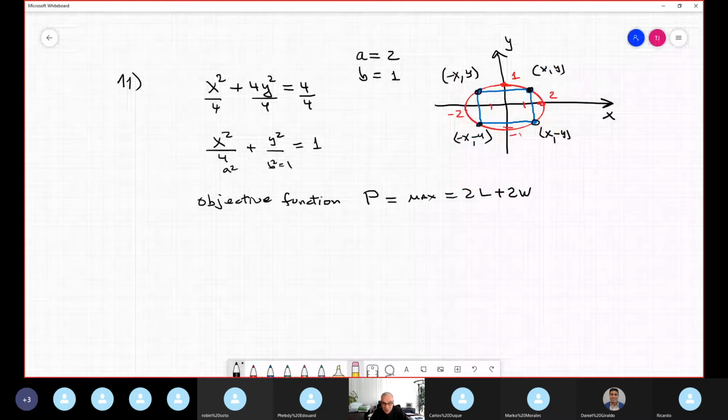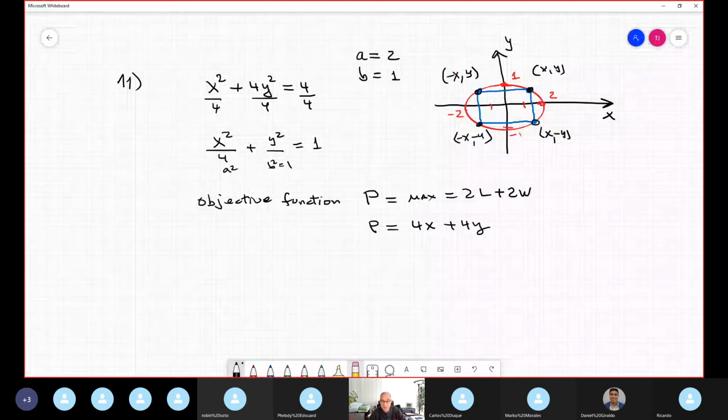But in this specific example, this is the length, and the length is x twice, so 4x. Makes sense? Because my formula has two lengths, but this length is formed by x plus x, 2x, plus 4y. This is my formula for the perimeter of the rectangle inscribed in the ellipse.